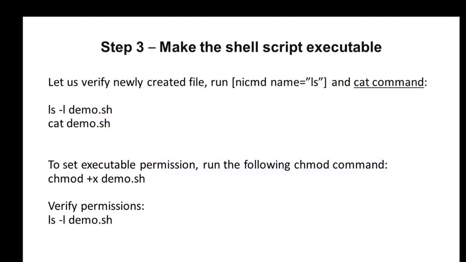Step 3: make the shell script executable. Let us verify the newly created file by running the ls -l demo.sh and cat demo.sh commands. To set executable permission, run the chmod command, that is chmod +x demo.sh.